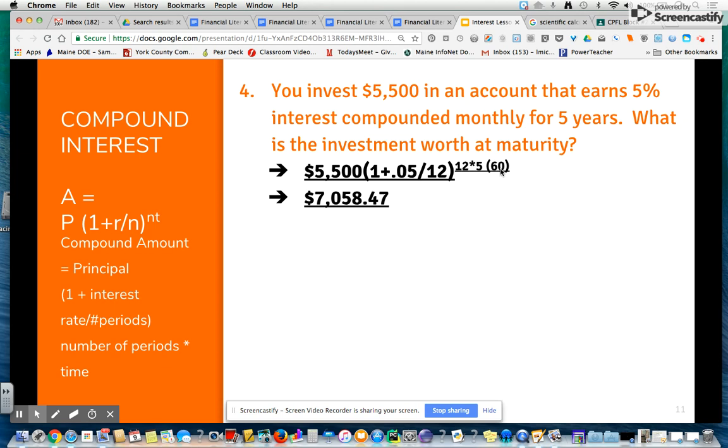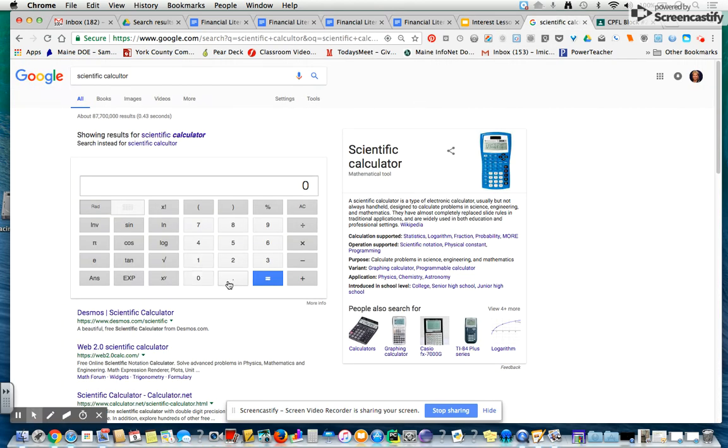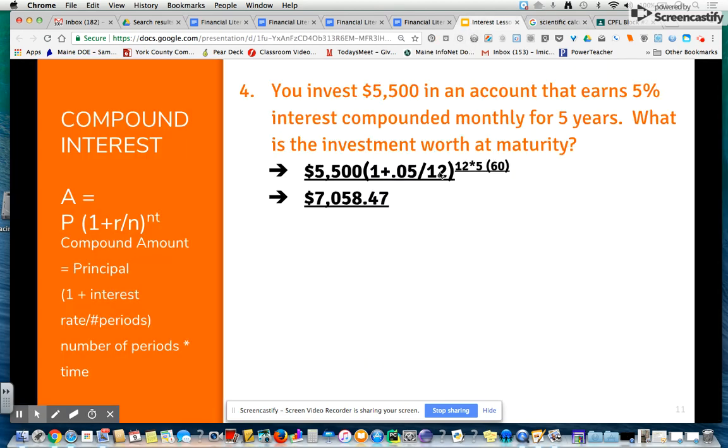x to the y, you're raising it to the 60th power. You're not multiplying it. And then you multiply by 5,500. So let me show you how to do that on a scientific calculator. 0.05 divided by 12 equals, plus 1 equals. Okay, so we just did what's within the parentheses first. Remember PEMDAS.